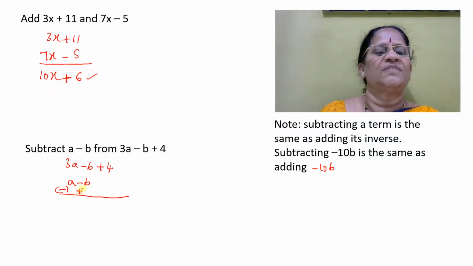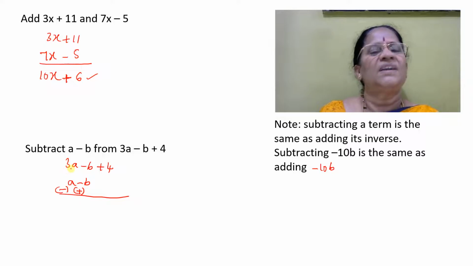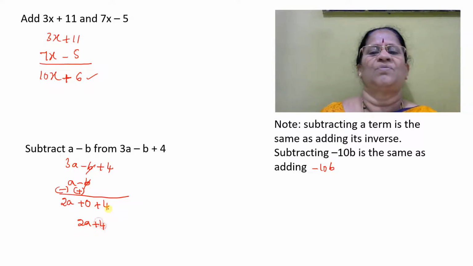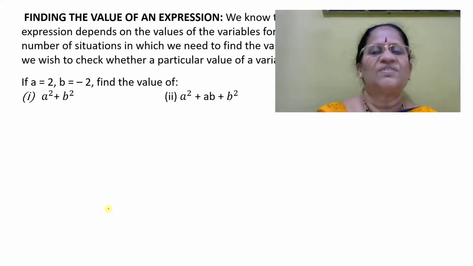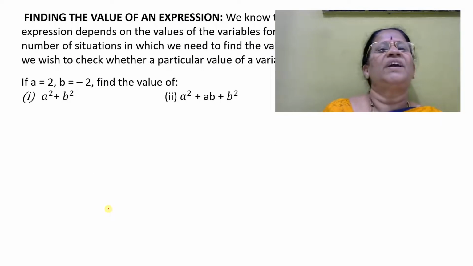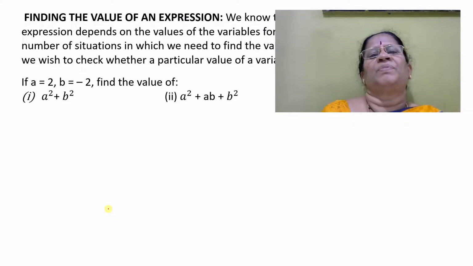So 3a minus a is 2a, and minus b plus b will get cancelled. You will be left with 0 plus 4. So it is 2a plus 4. Is it clear, children?